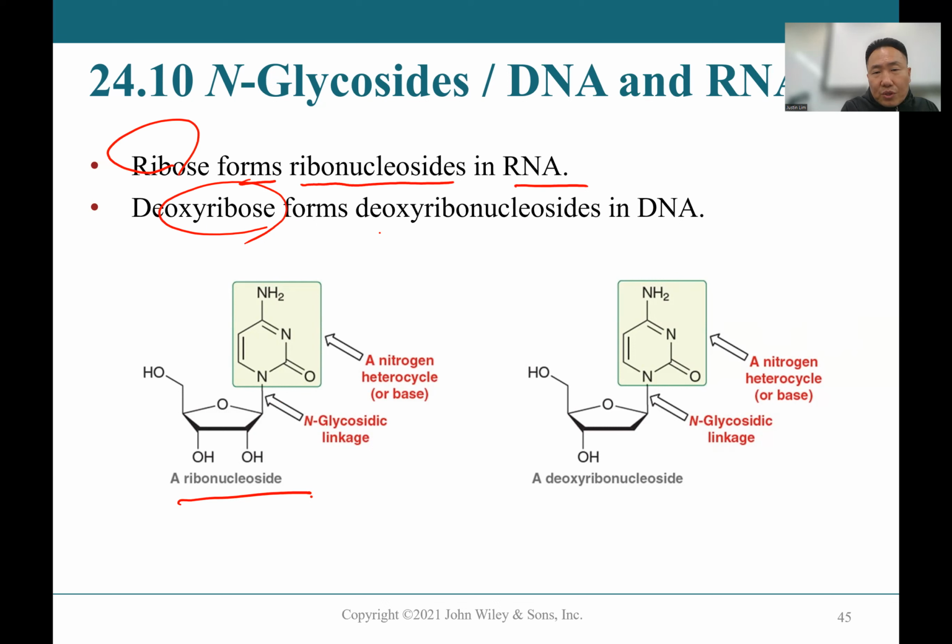Deoxyribose forms deoxyribonucleosides in DNA. So at C2, you can see an OH group. At C2, there's no OH group. This is a ribonucleoside. Deoxy, there's no OH group, so deoxyriboside.